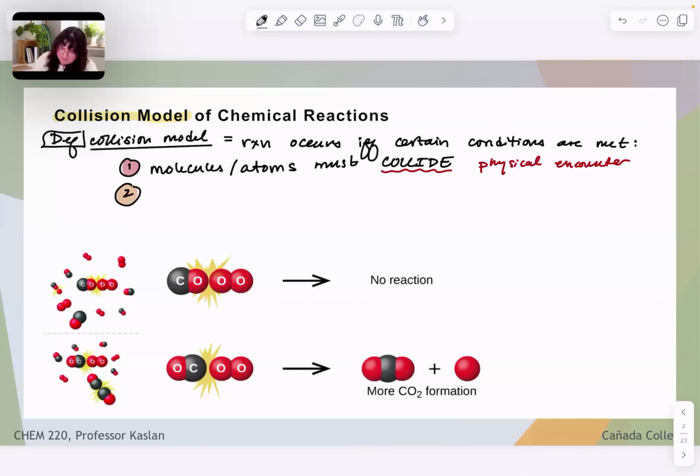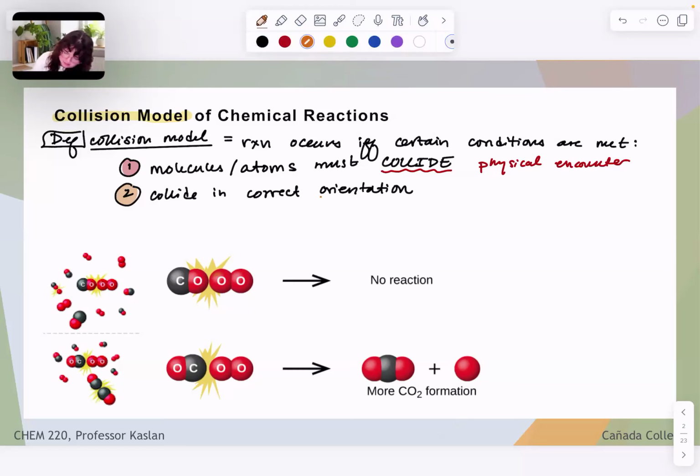And they have to collide in the correct orientation, meaning their position, shape, and direction of impact matters.